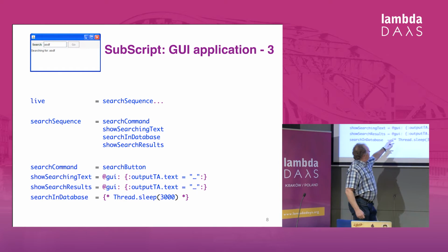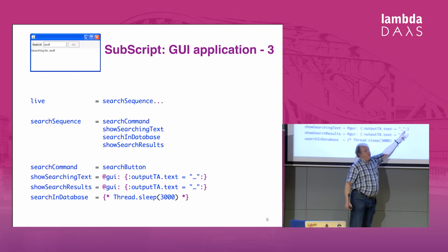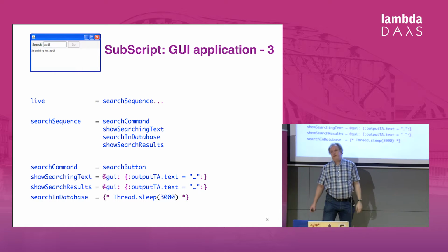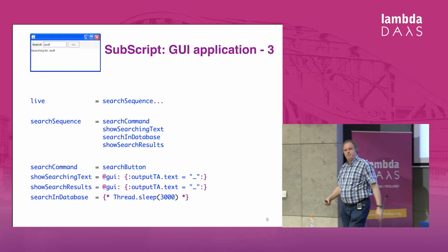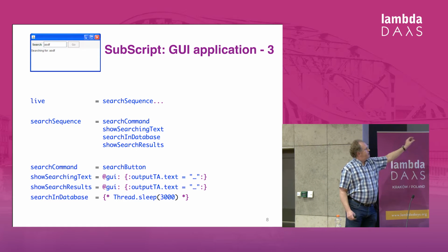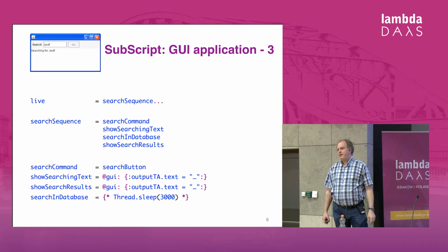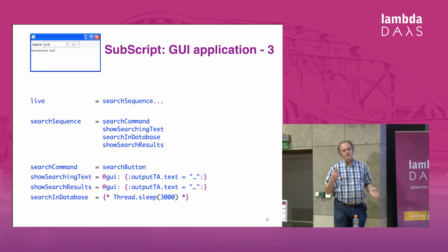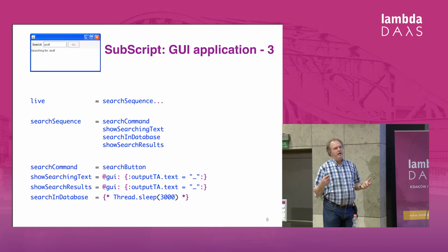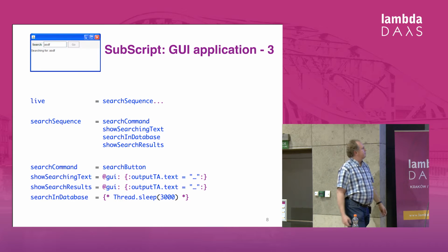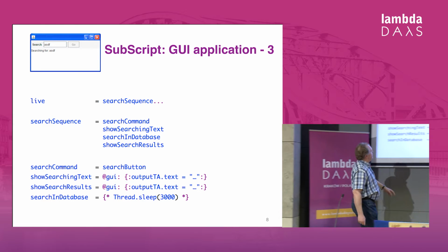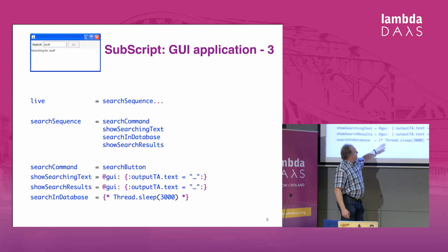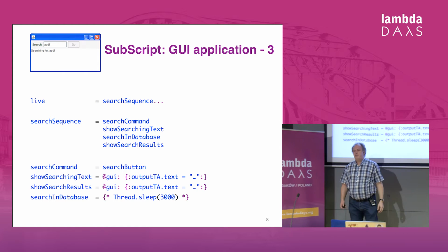It's done here using a piece of Scala code between a special kind of braces. And there is an annotation which says that it must run in the GUI thread. The annotation is not really part of the language, but the language allows for some tweaking in this respect. And to do something in the background thread, we have a different kind of braces with asterisks.